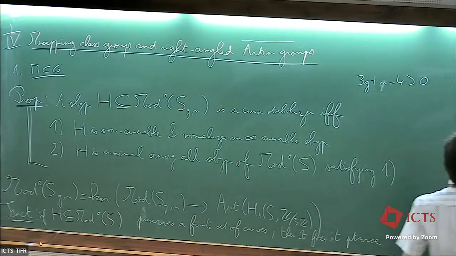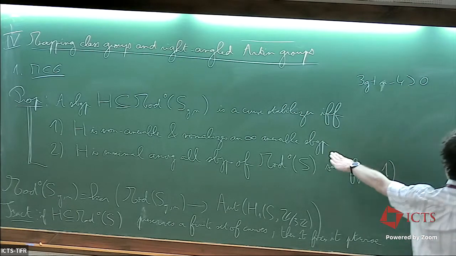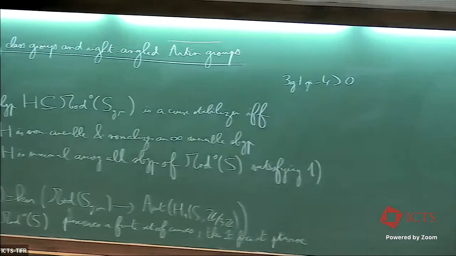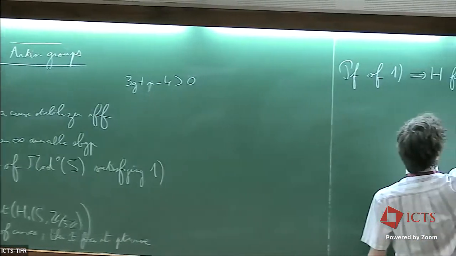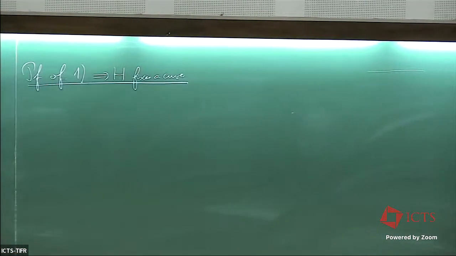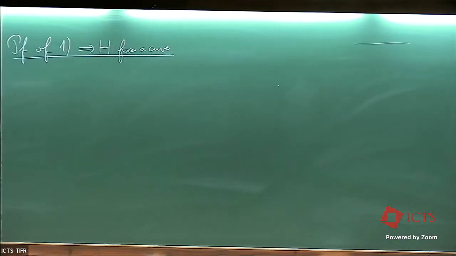So what I need to prove is that the first assumption implies that H fixes a curve, and then the maximality gives you that it's the whole curve stabilizer. The kind of arguments I will use is very inspired from Adams' argument in the case of hyperbolic groups.